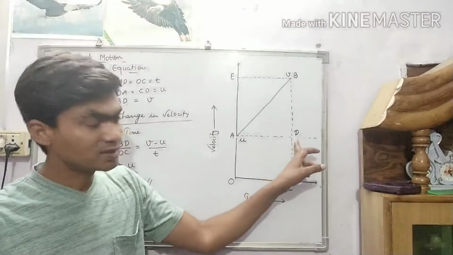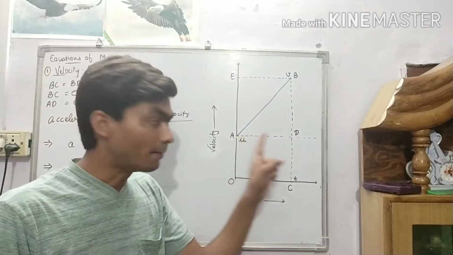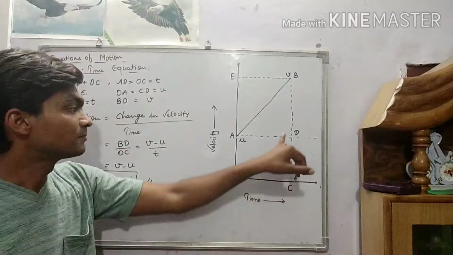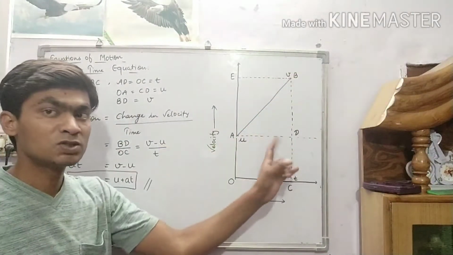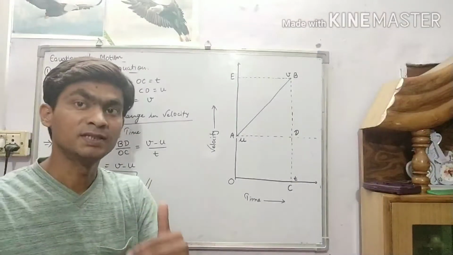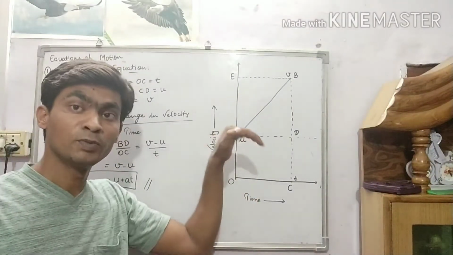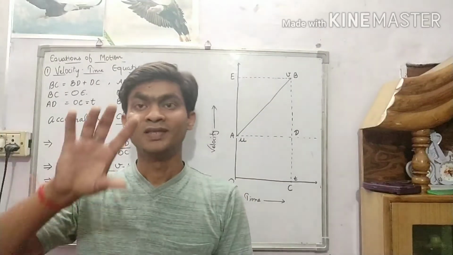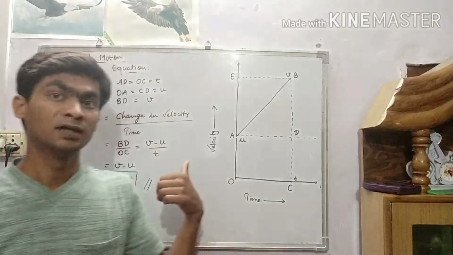At D the velocity is U, but at B the velocity is V. It means the velocity has changed from U to V. The difference in velocity, the change from U to V, and how much time it took, that ratio gives us the acceleration.